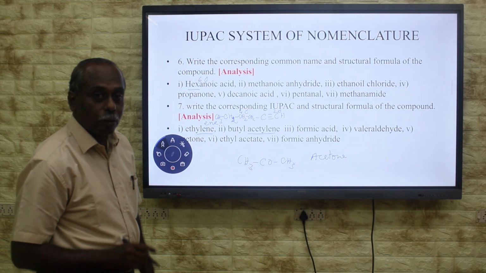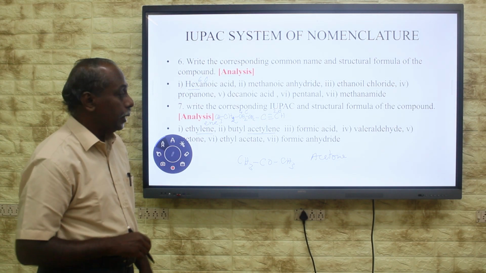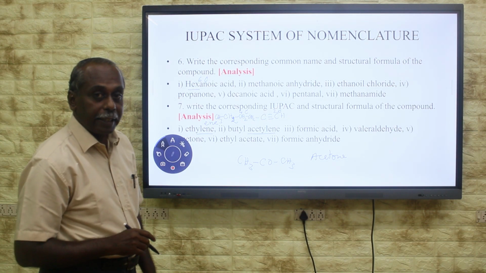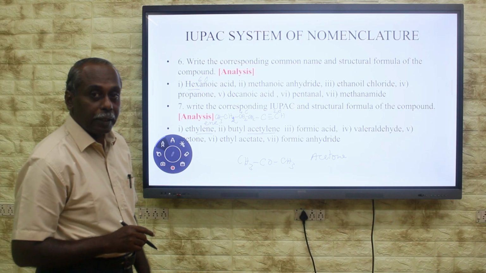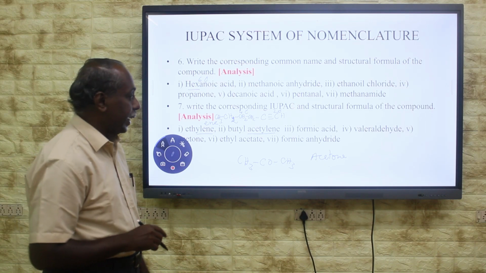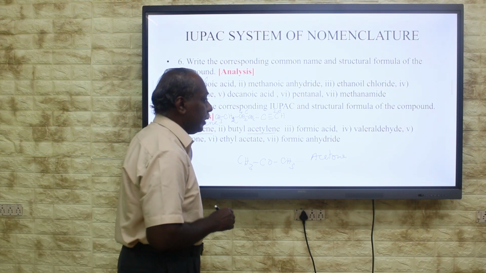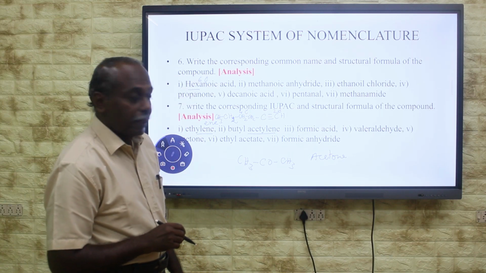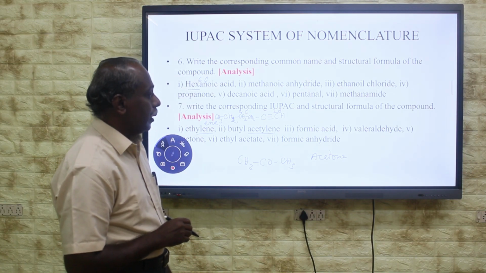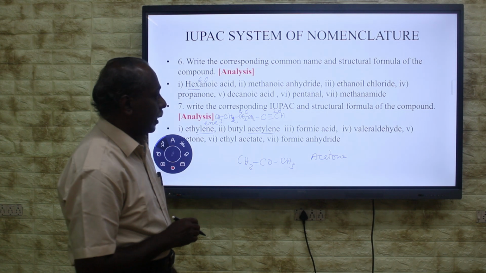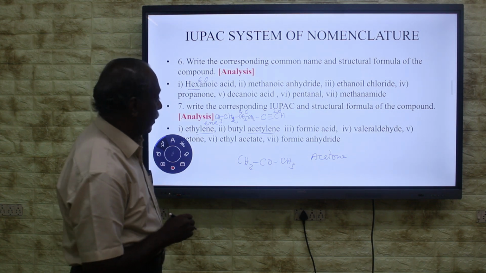Then formic acid, a 1 carbon carboxylic acid; its IUPAC name is methanoic acid. Then valeraldehyde, a 5 carbon aldehyde: pentanal.